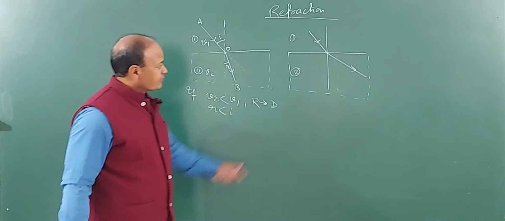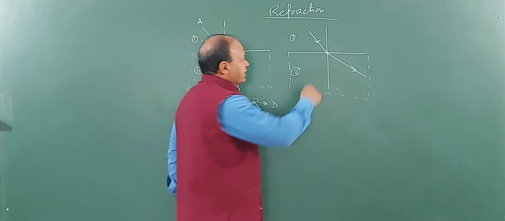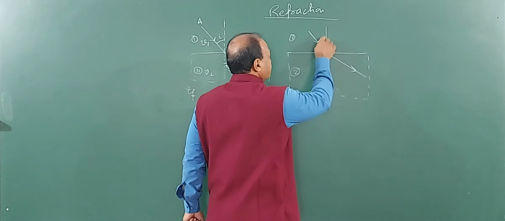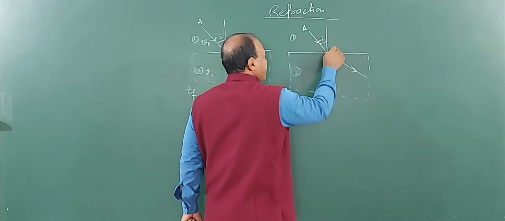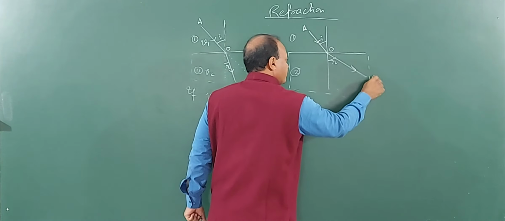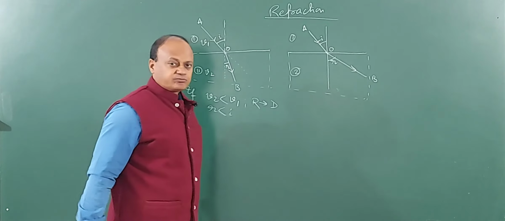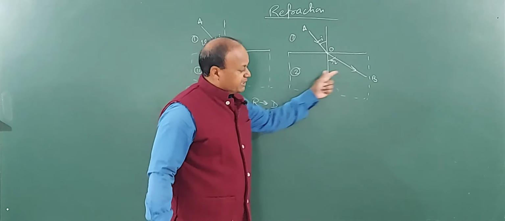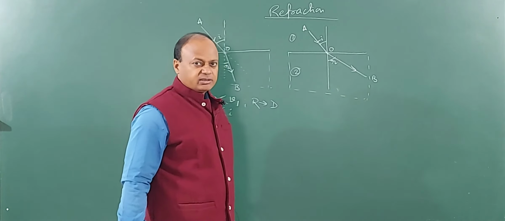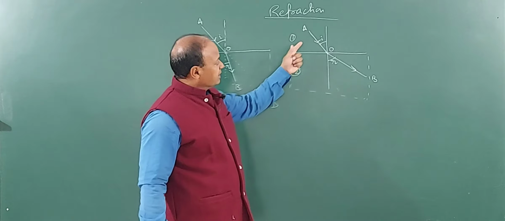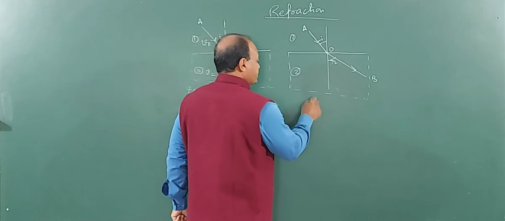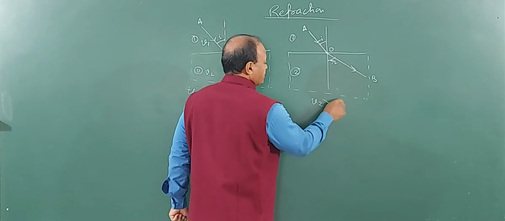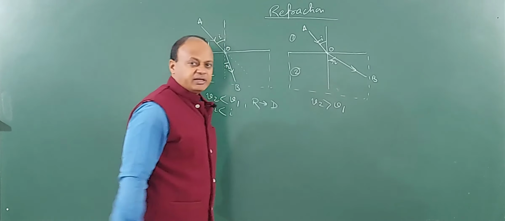However, if we look at the second case, this angle of incidence, this angle of refraction, AO is incident ray and OB is refracted ray. Ray is bending away from the normal. It implies that the ray is going from denser to rarer, and velocity of light in the second medium will be more than velocity of light in the first medium.